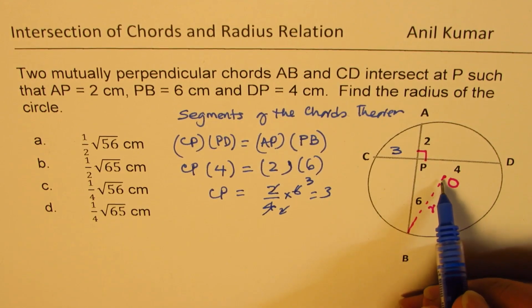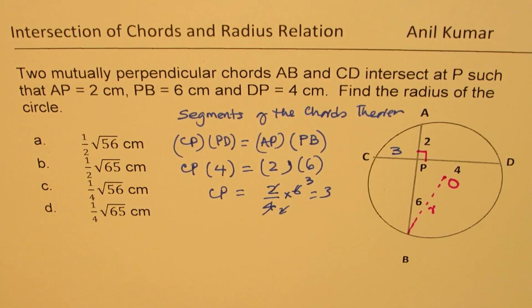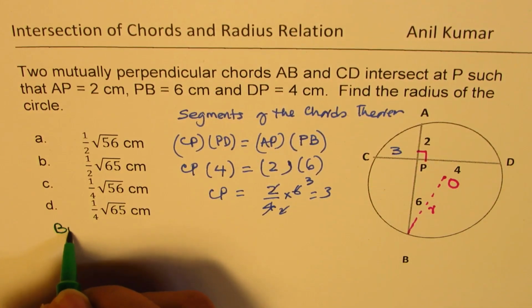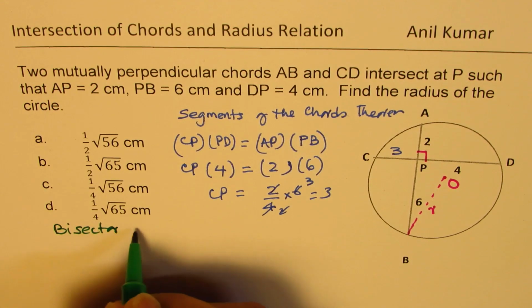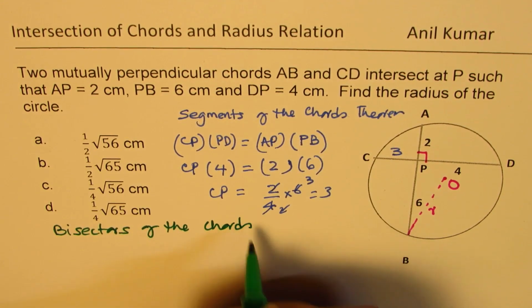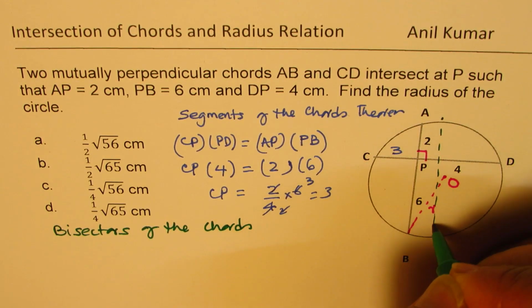Now to get the center, what we can do is, the center will be on the midpoints, correct? So let me draw the bisectors of the two chords, right? So we'll do bisectors of the chords. So one like this, correct?